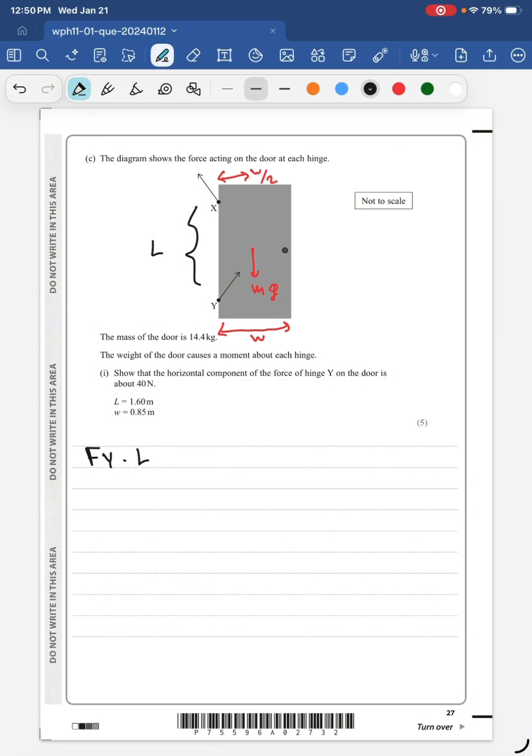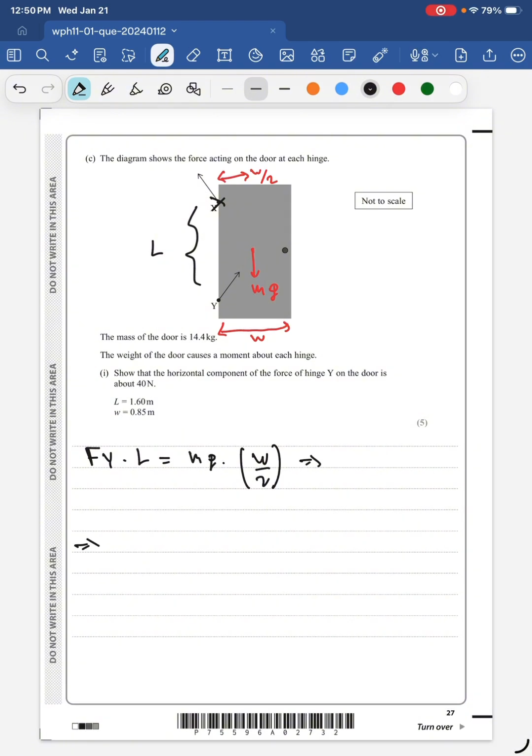Should equal, if we take the moments from point X, okay? So Fy times L should be equal to mg times W over 2, where W here is the width, right?